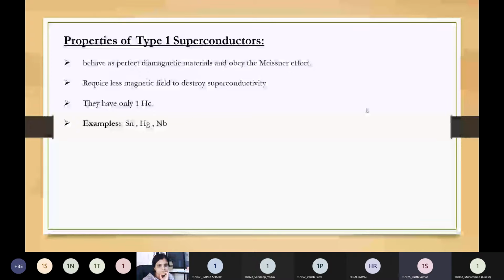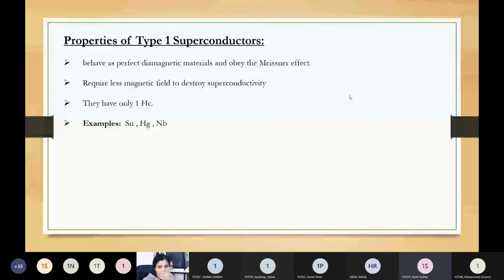So this was the graph for point number 2, that at a certain point superconductivity directly changes, means it is destroyed and comes to the normal state. When we see the graph of type 2, we will see that in the case of type 1, we have only one HC, means the value of HC is only 1.